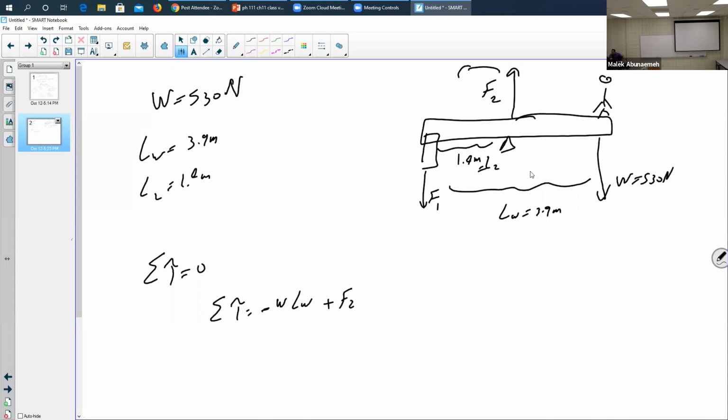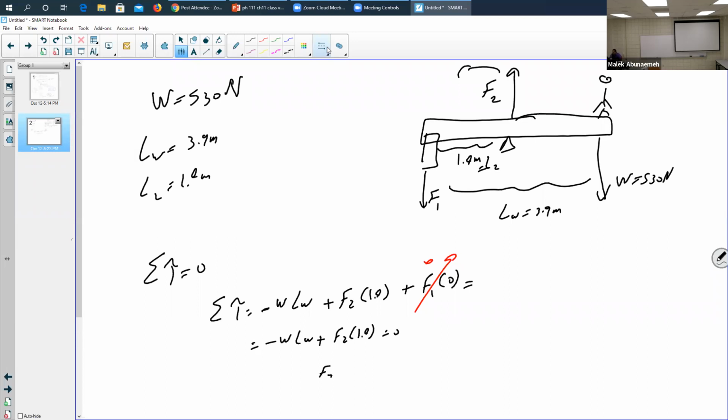So it'll be F2 multiplied by 1.4, plus F1, which is this one, multiplied by your distance 0. So again, this is going to go to 0. That means your torque is going to equal minus W times LW, plus F2 times 1.4. And by the way, this all has to equal 0.